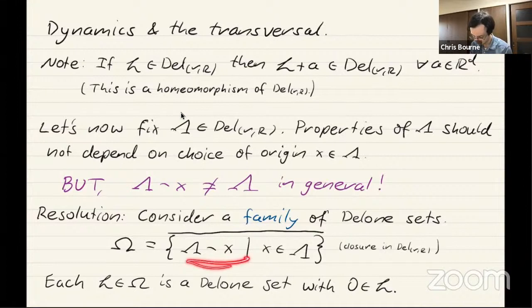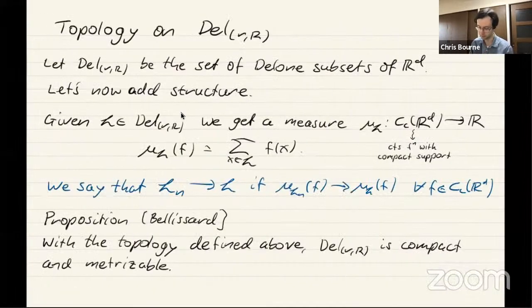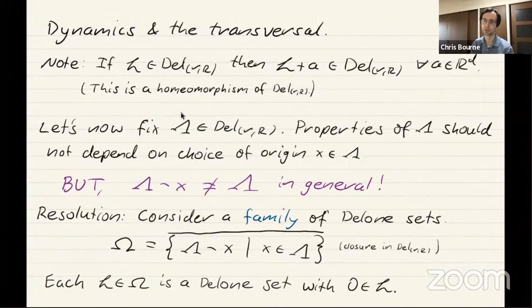So I take all the points in lambda, which I've then shifted to the origin, that I take that collection. And then, just for convenience, because it's a useful thing to do, I then take the closure of this set within this topology that I just defined. So I get a nice closed subset of the set of Delone sets.